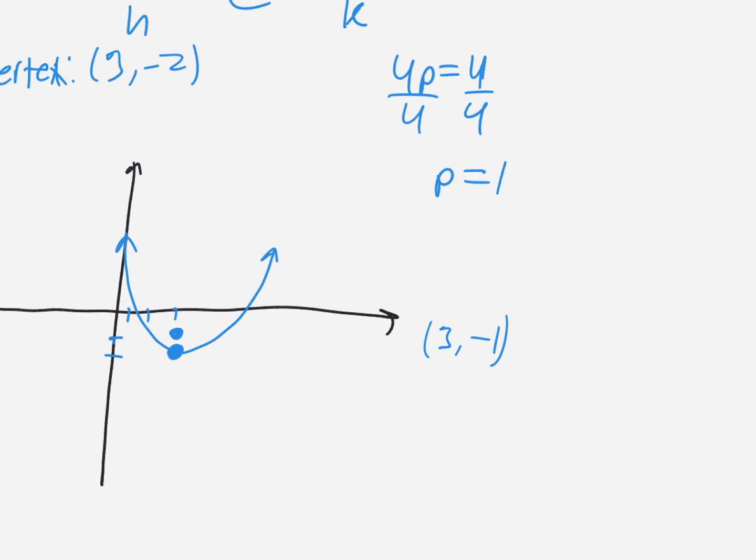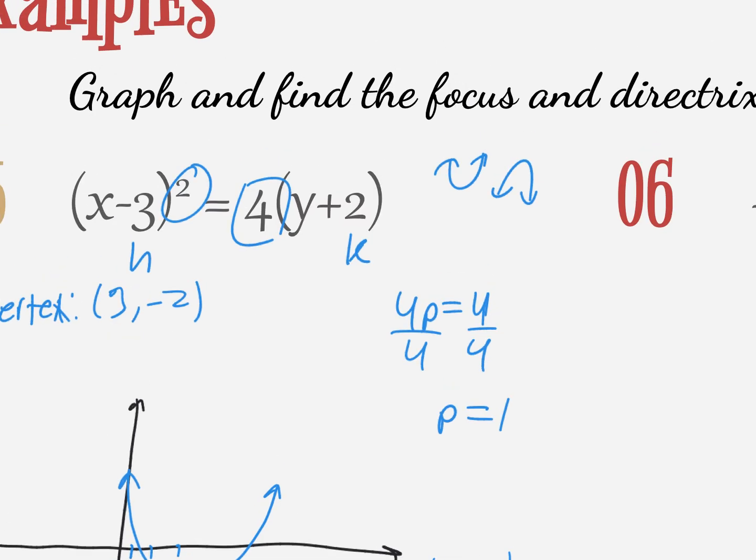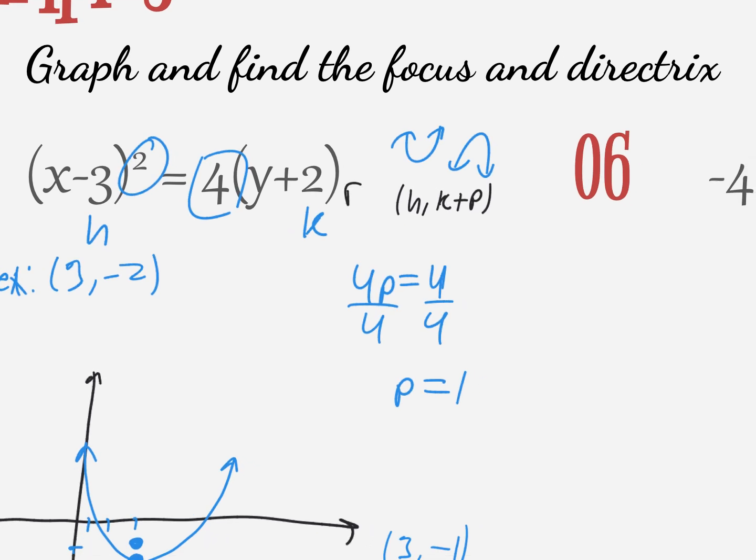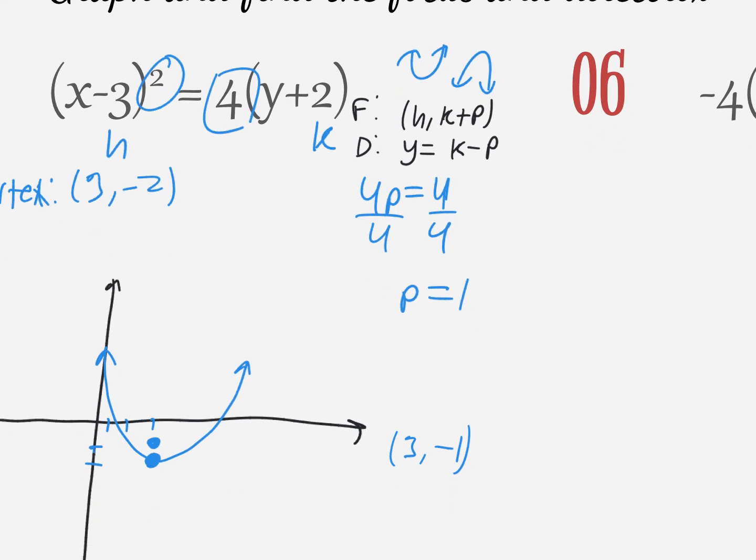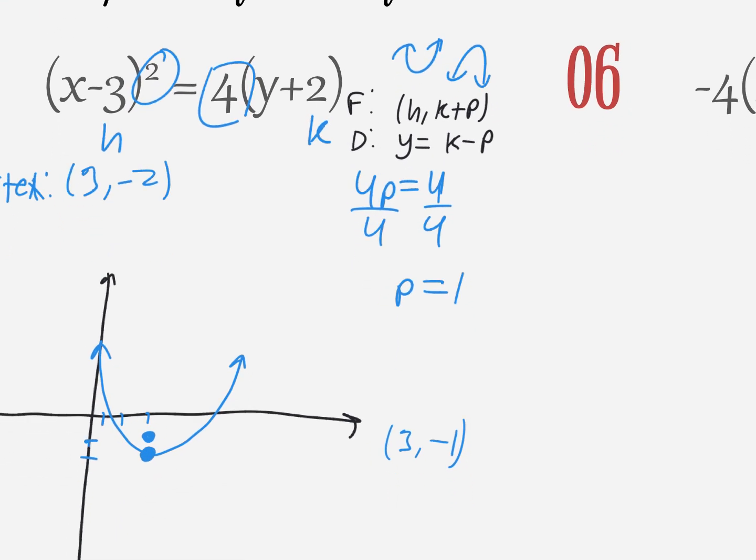A way to generalize it: if you have an x squared parabola, your focus is always going to be at (h, k plus p). And then your directrix is going to be y equals k minus p. So you're going to use that y value. That's the one that's changing because you're changing it up and down.